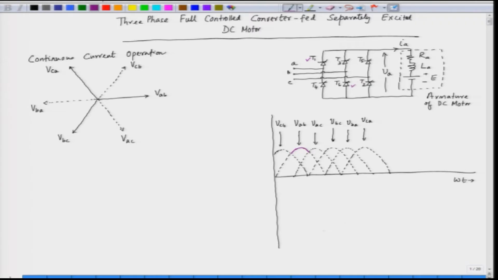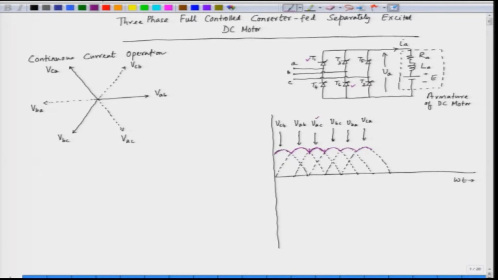So, had there been diodes, the output voltage would have been like this. This would be the output voltage when we replace the SCRs by diodes. So, this would be the natural output voltage if we have an uncontrolled rectifier. For let us say between this region to this region, we have VAC as the most positive voltage.